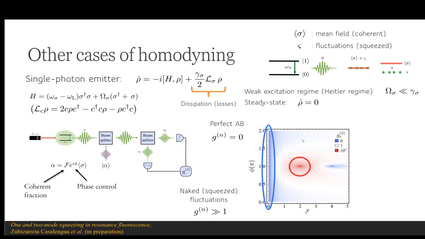But if we fix the phase to be in anti-phase with the mean field, we can suppress it, and we will find that the actual fluctuations, as we said, are squeezed, and therefore we find that all the Gn are greater than 1.